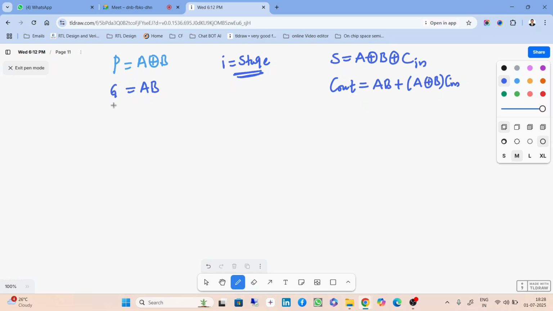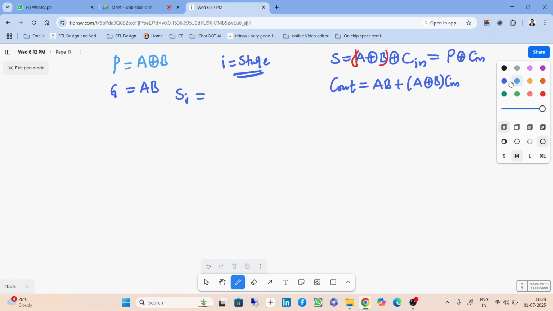So that means here in general I can say that S equal to A XOR B equal to what? Propagate, no? Can I write like this? Yes, sir. So A XOR B equal to propagate.